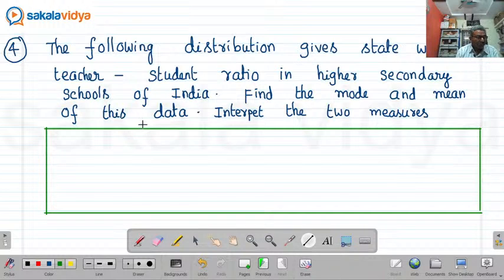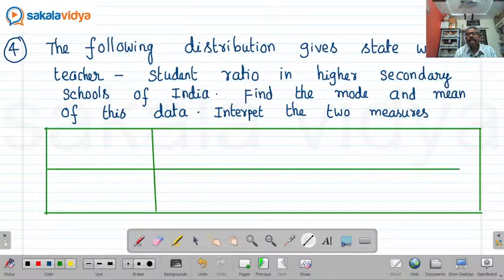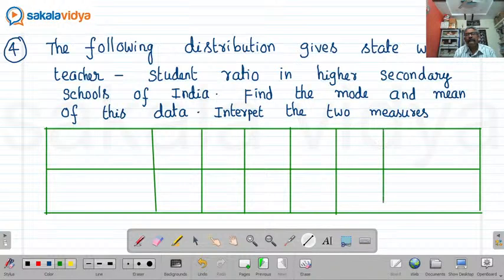This is number of students versus number of states. 15 to 20, 20 to 25, 25 to 30, 30 to 35, 35 to 40, 40 to 45, and next.